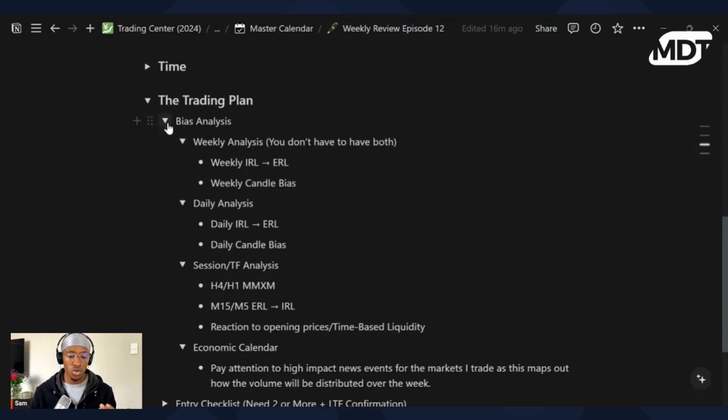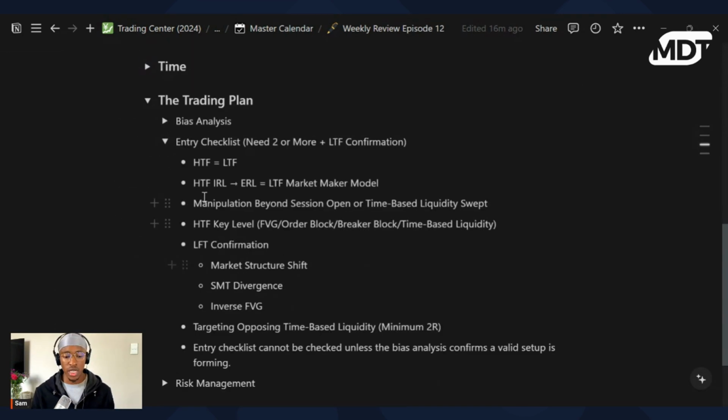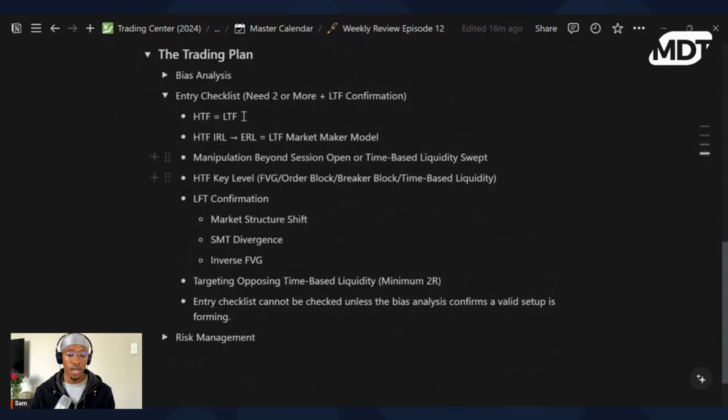I need that to align before I move to my entry checklist. Basically I look at these sections on their own before getting to the lower time frame confirmation. I need 2 of these before I get down into my lower time frame confirmation, for which I'll then take 1 of these confirmations as pulling the trigger.